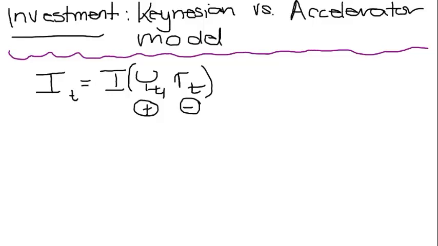Okay, so for example, in your subject guide you're given an example of an investment function that has these properties, and it takes on this form.